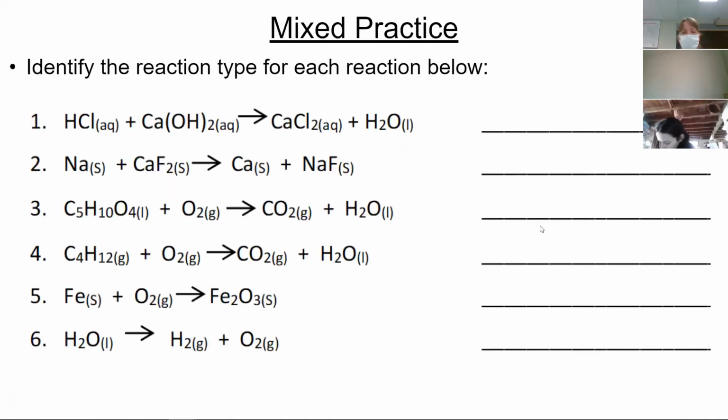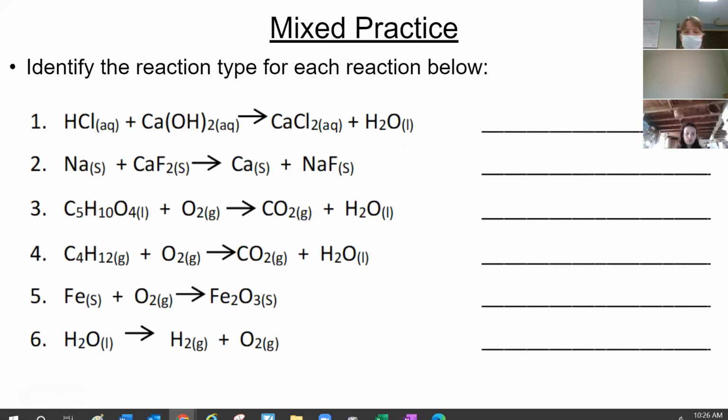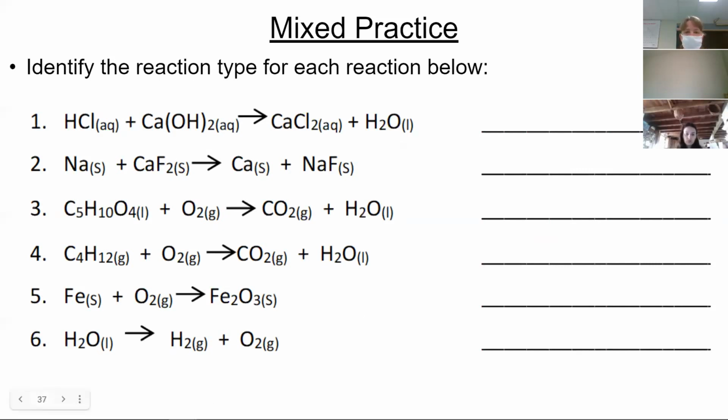Okay, what you're going to do now, and then we're going to go over these, is take a moment, look through number 1 through 6 here, and assign each of those one of the 5 types of reactions. You may have some of them more than once. So we have synthesis, decomposition, single replacement, double replacement, and combustion. You're looking for patterns, so go back through your notes and see if you can figure out what those patterns are. Let me type those types up here just so you remember.